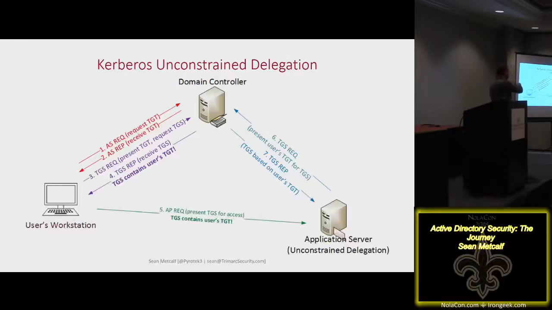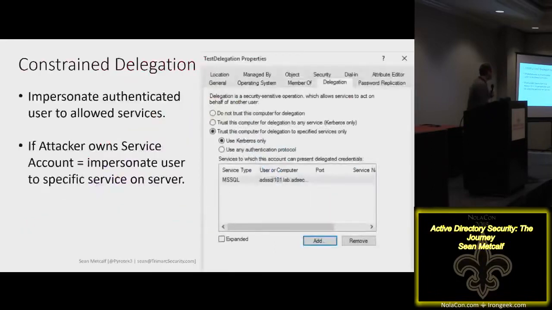And all it takes is a domain admin to connect to that application server that's compromised. They don't have to log on. They just have to connect to a share on that server, any Kerberos service on that server. And then that server itself can impersonate that domain admin to any Kerberos service on the network, including LDAP on the DCs. So Microsoft said this is bad in the 2003 timeframe. They said we're going to constrain this.